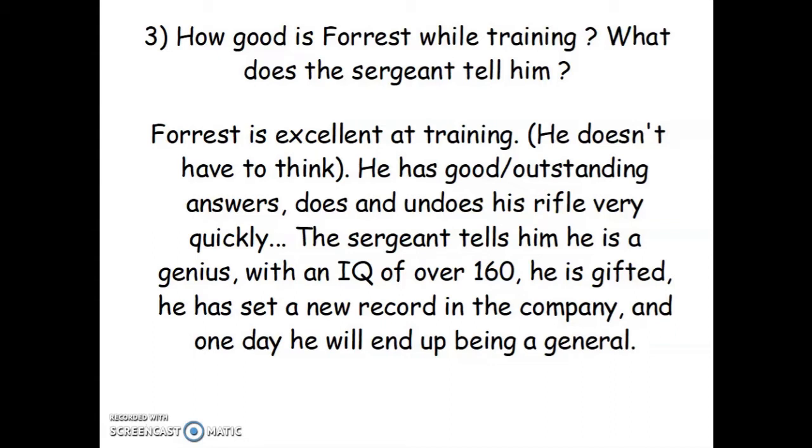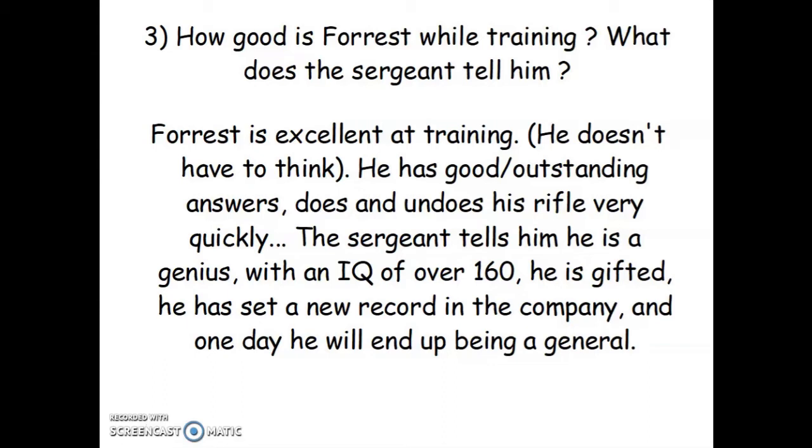So here the surgeon tells him that he is a genius with an IQ of over 160, that he is gifted, that he has set a new record in the company for doing and undoing his rifle, and one day he will end up being a general. So Forrest Gump is really talented in the army.